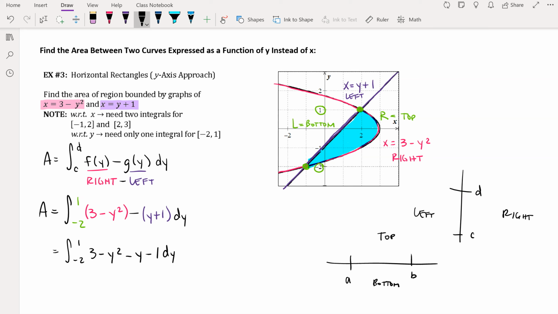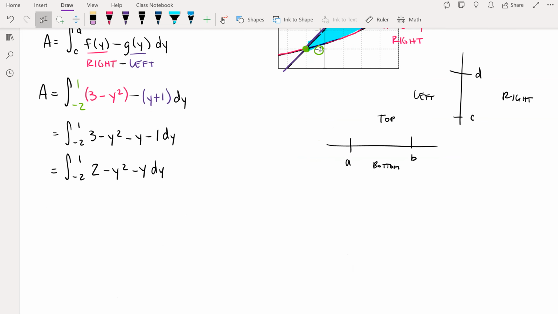When I distribute that and simplify some more, the integral from -2 to 1 of 3 minus 1 is 2, minus y squared minus y dy. Cool. Let's go ahead and integrate that now.